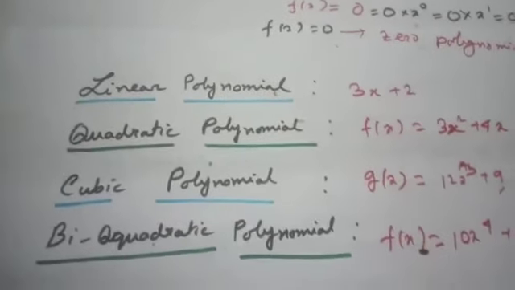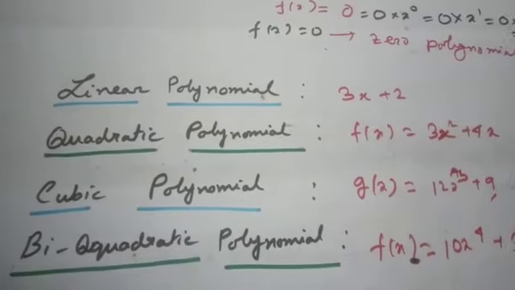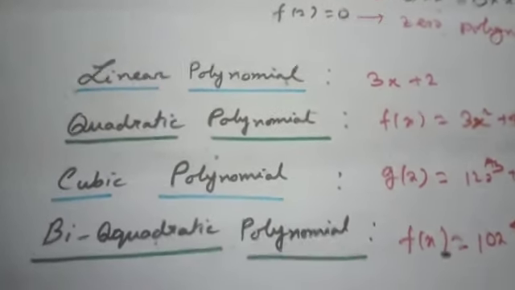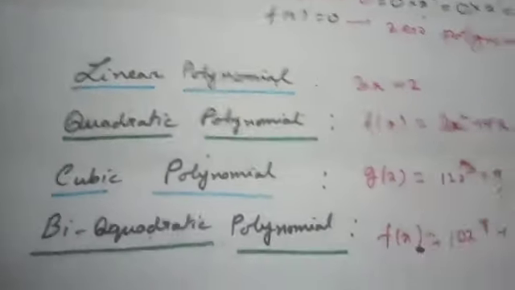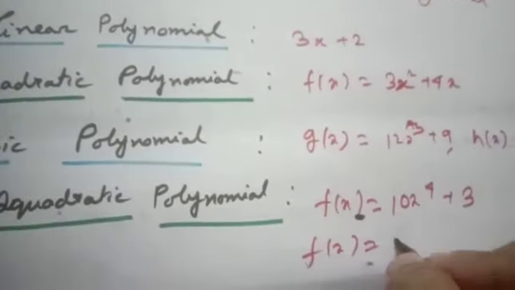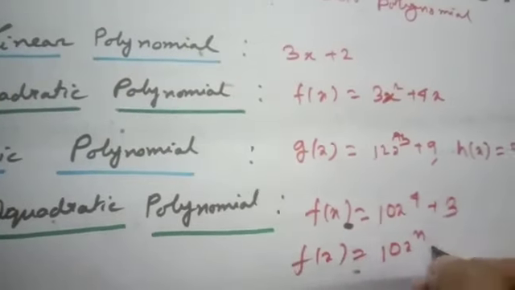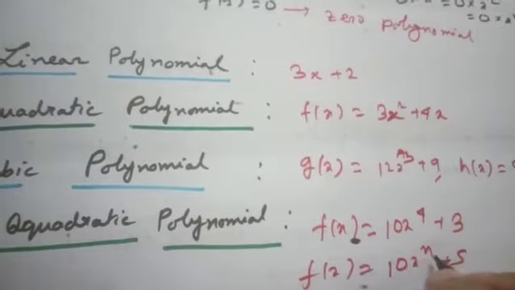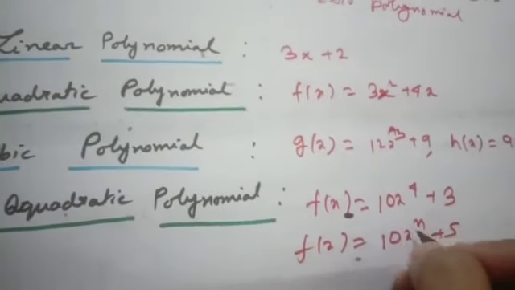And if the degree of the polynomial is n, then we call it an nth degree polynomial. Example, if f(x) equals 10x to the power n plus 5, here the degree is n, so it is an nth degree polynomial.